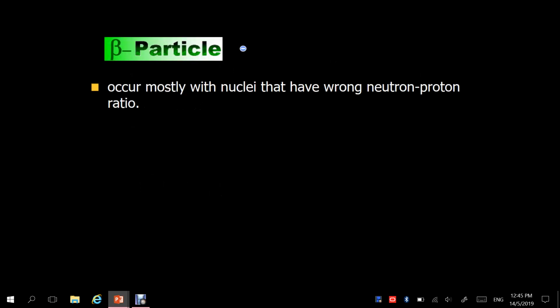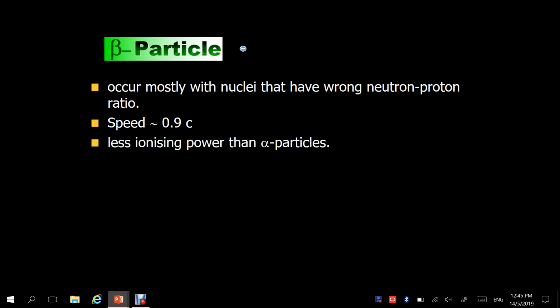Beta particles usually occur in the lighter nuclei that have the wrong neutron-proton ratio. Because it's lighter, the speed is faster. The speed of a beta particle is approximately 0.9 c. And because it travels faster and only has a single charge, it is less ionizing than alpha particles.